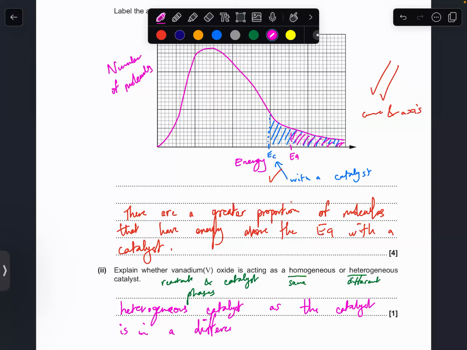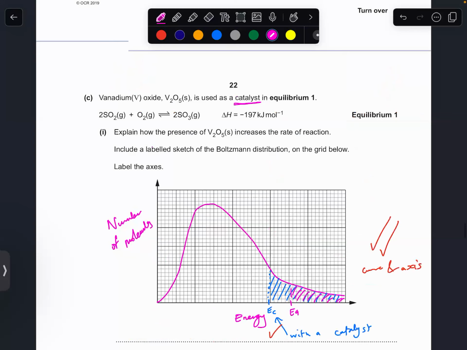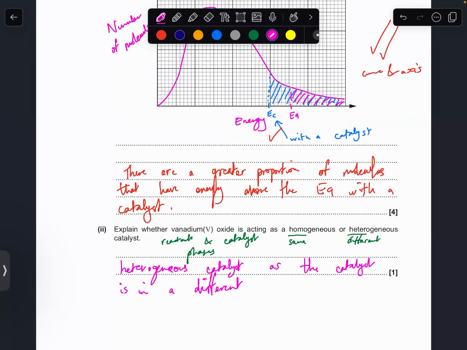The catalyst is a solid and the reactants are gases.